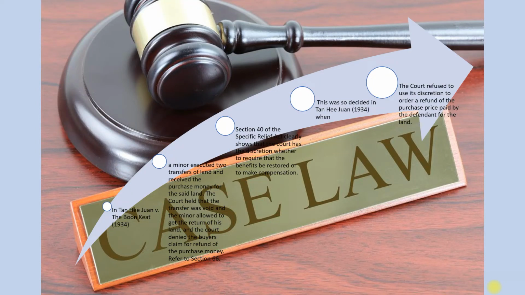Okay, this is the case of Tan Hee Chuan versus Tan Boon Kit, 1934. The principle of the case is actually the effect of a contract entered into by a minor.